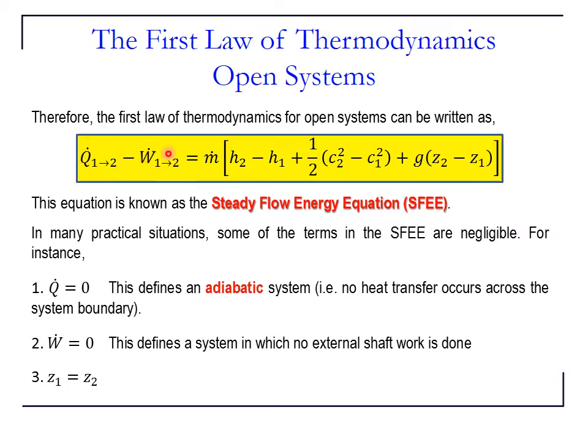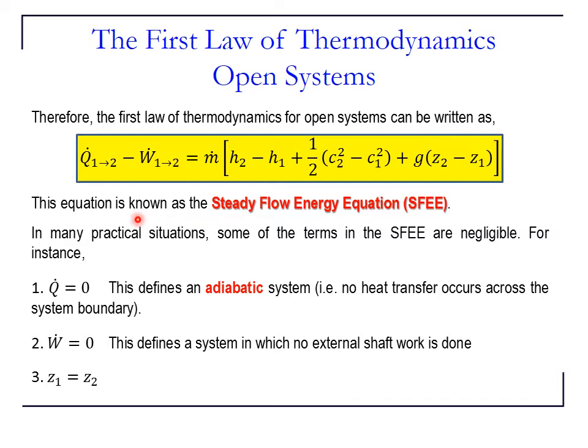Subtract the work transfer during the process from 1 to 2, and also this is the rate of work transfer, and also has the unit of watt or kilowatt. Here m dot is the mass flow rate, so it has a unit of kilogram per second. Here, this is the difference in enthalpy, this is the difference in kinetic energy, and this is the difference in potential energy.